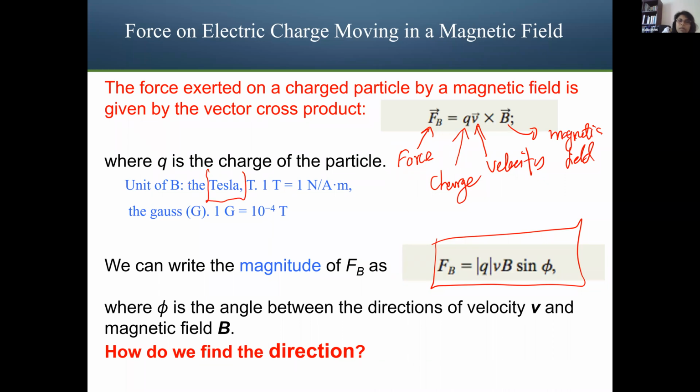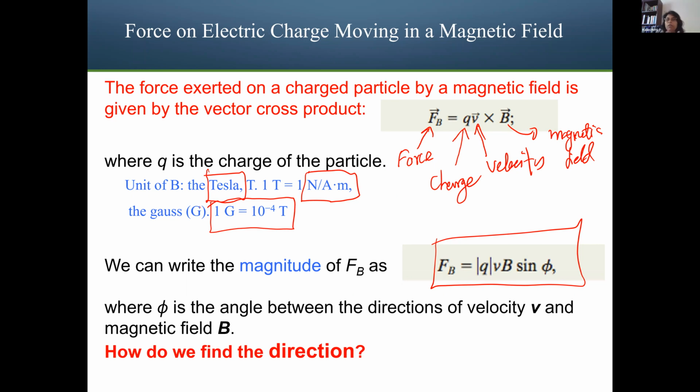Tesla is basically newton over amperes and meters. Sometimes tesla is a big unit, so we use the gauss for small values. Gauss is 10 to the negative 4 tesla.